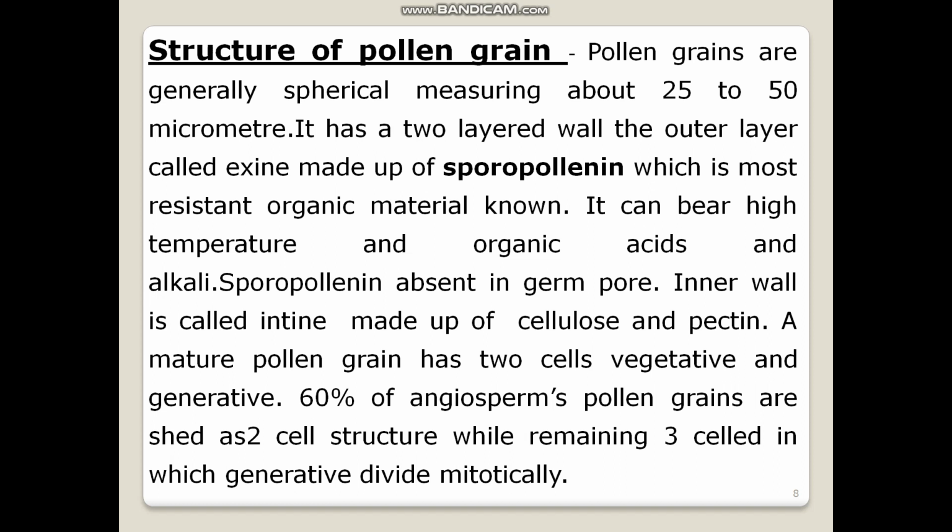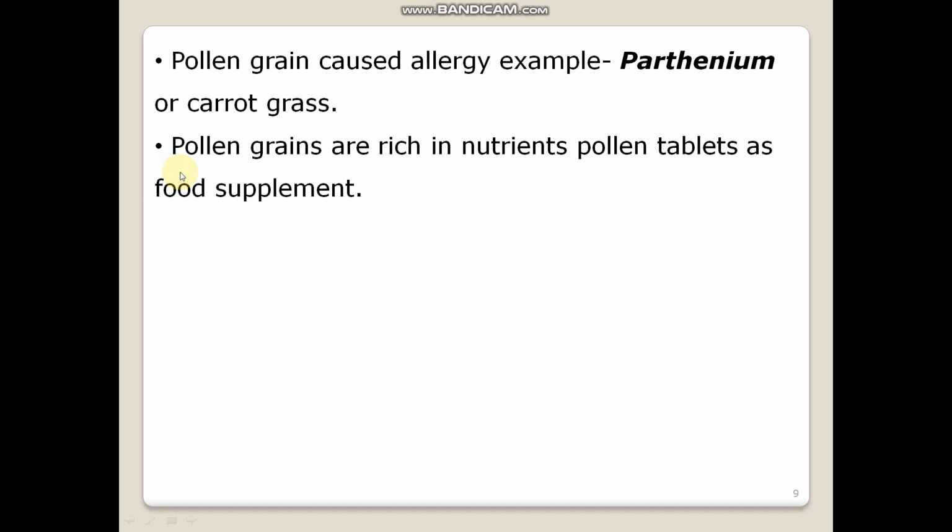A mature pollen grain has two cells, vegetative and generative. In 60% of angiosperms, pollen grains are shed as a two-celled structure, while the remaining are three-celled, in which the generative cell divides mitotically. You know the result of mitotic division is a two-celled structure, right? Pollen grains cause allergy also, like Parthenium.